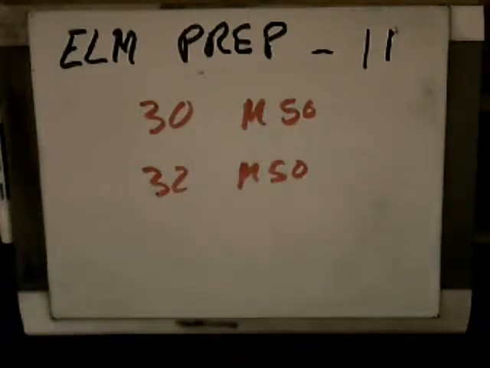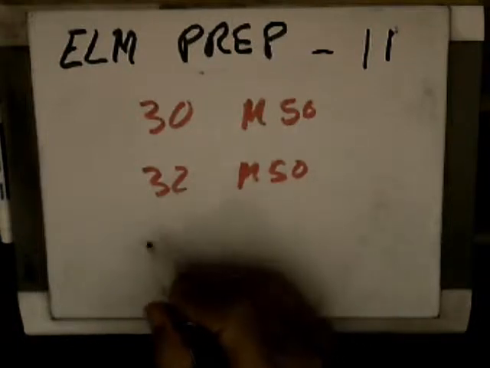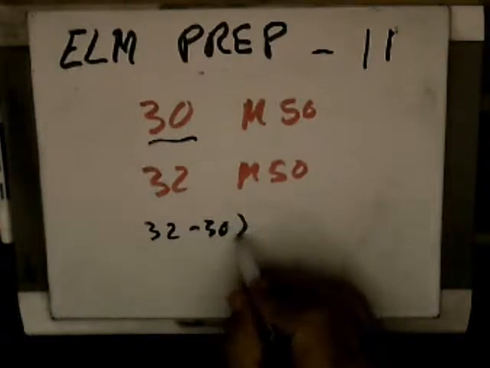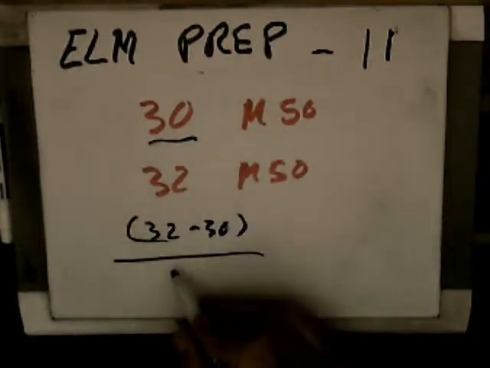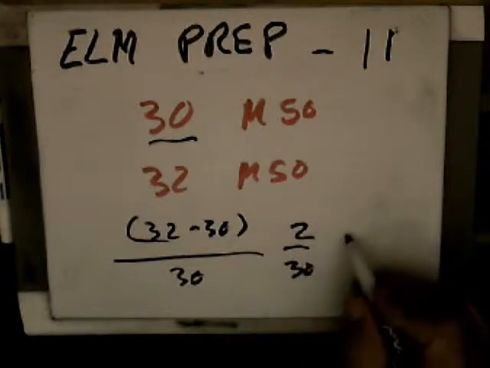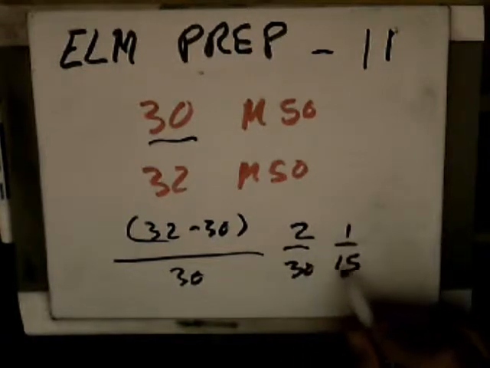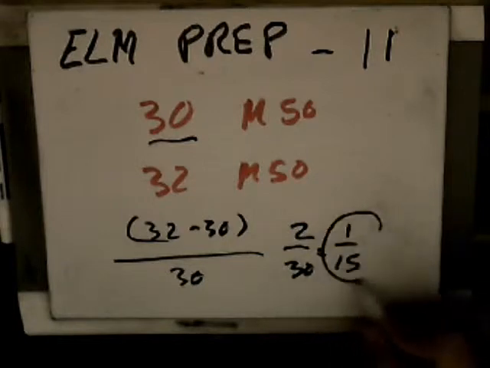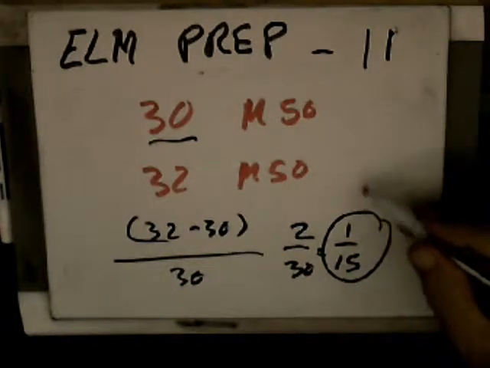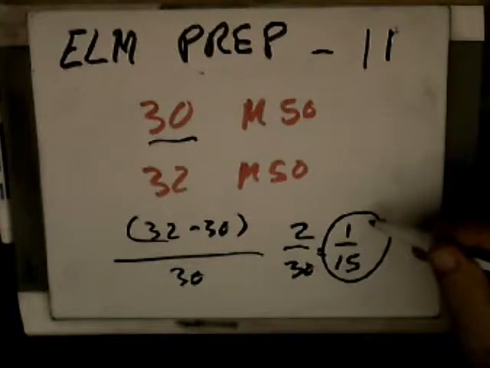So we want to know our change. We're going to take the current, 32, minus the original, divided by the original amount. Well, this then becomes 2 over 30, or 1/15. So our percent increase, if we put that in terms of a decimal, we could find. Whatever that percent is, that's our percent increase.